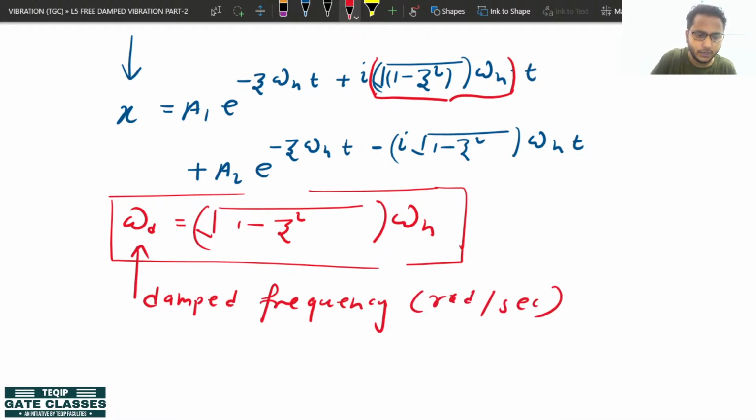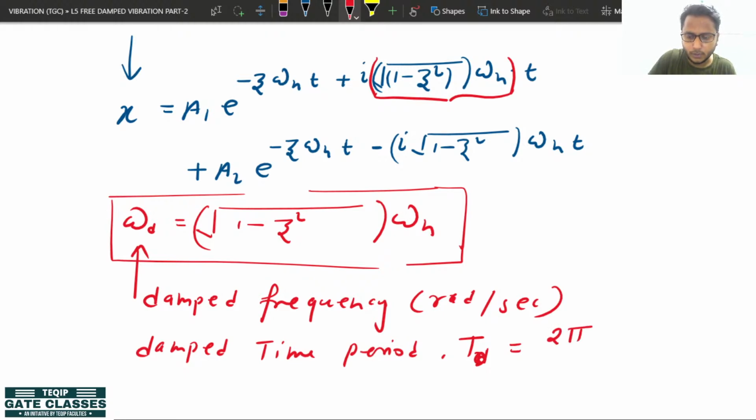We can find the damped time period from this equation. The damped time period is denoted by capital T D equals 2 pi by omega d, right?